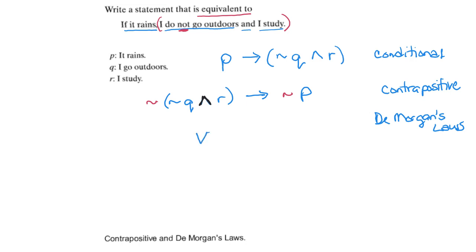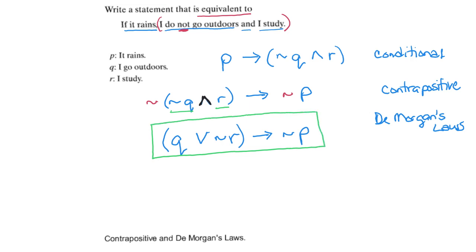And then what is in front of the conjunction, we're going to take the opposite of not Q and say Q. And then what's after the conjunction, we're going to take the negation of R. Now, since this is still your antecedent, we are going to keep that in parentheses and then just rewrite your consequent. So this is the symbolic form of your equivalent statement.